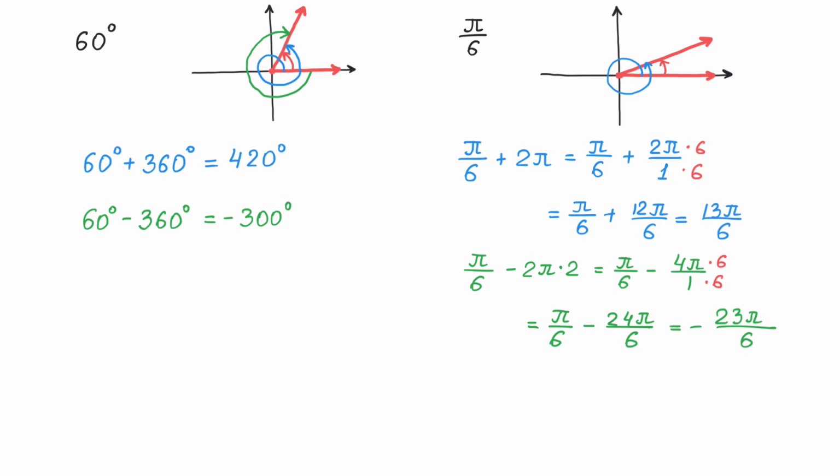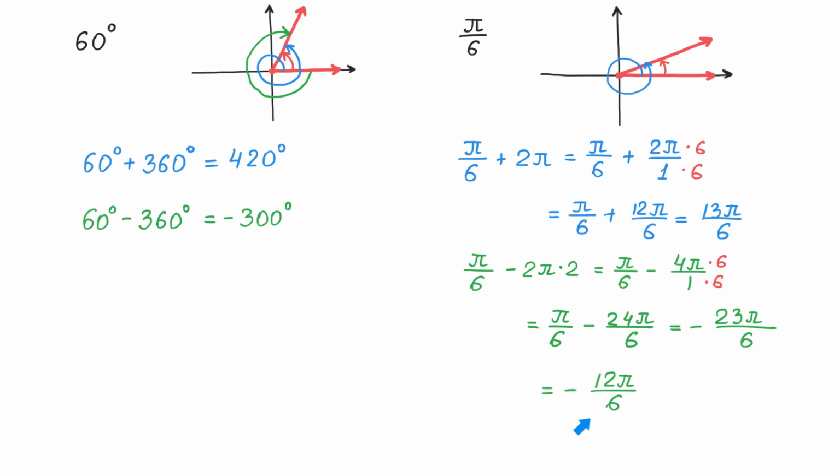Now, because this angle is more than one full rotation, let me show you one way how you can split the angle. We know that one full rotation is 2 pi. Now, this fraction has the denominator of 6, and if in the numerator I would have 12, then 12 divided by 6 would give us 2. So the first fraction in the splitting will be negative 12 pi over 6.